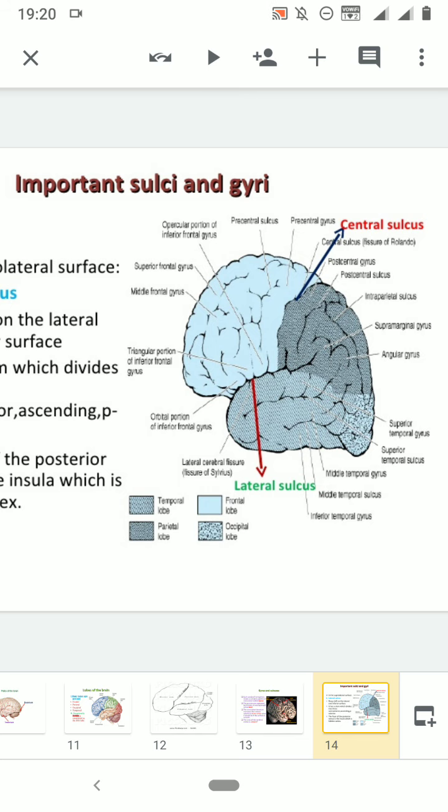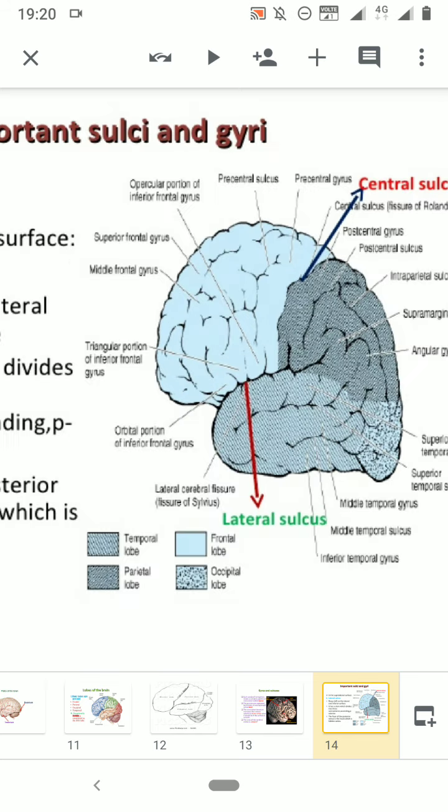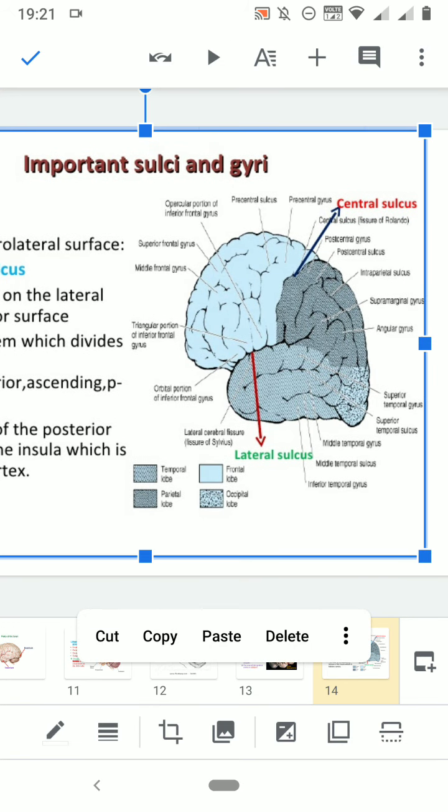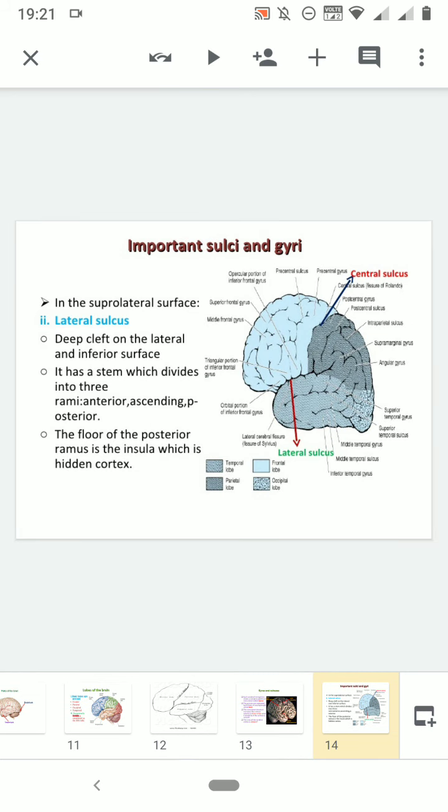So it has three rami: the anterior horizontal ramus, the anterior ascending ramus, and the posterior ramus, which continues backwards, horizontally cutting across the superior lateral surface. This is called the lateral sulcus or the Sylvian fissure.